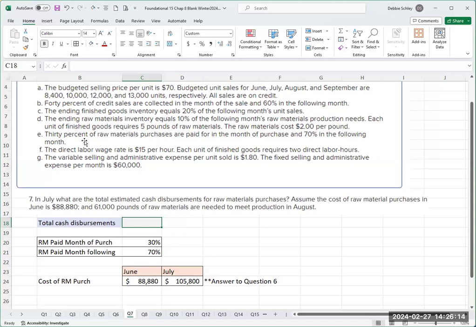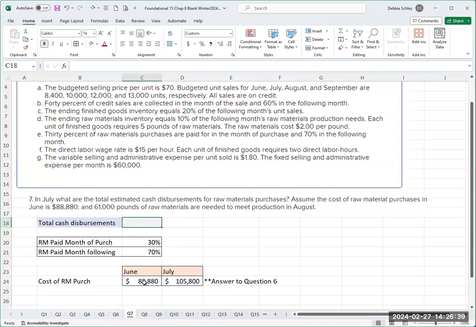In E, they told me 30% of raw materials purchases are paid for in the month of purchase. So I put that there. And 70% in the following month. So I put that there. So essentially, what did they ask me? They want to know what am I paying off in July? What are my cash disbursements?